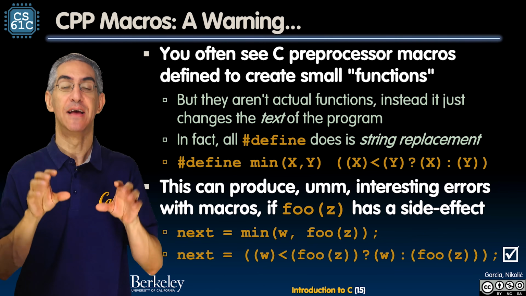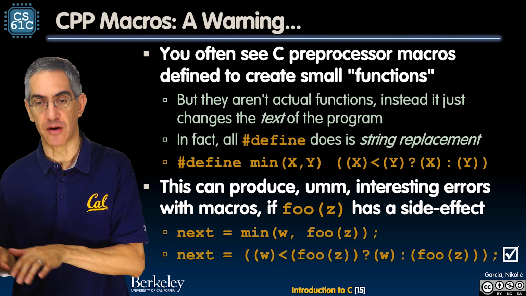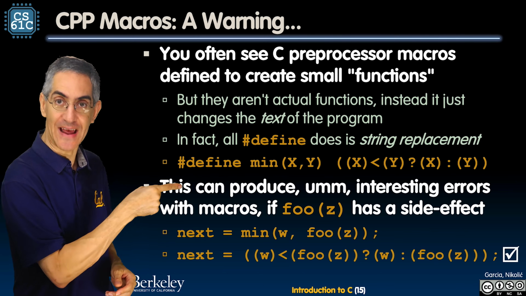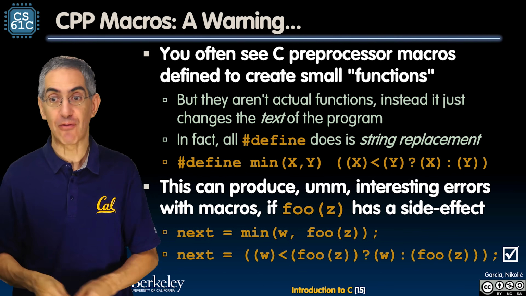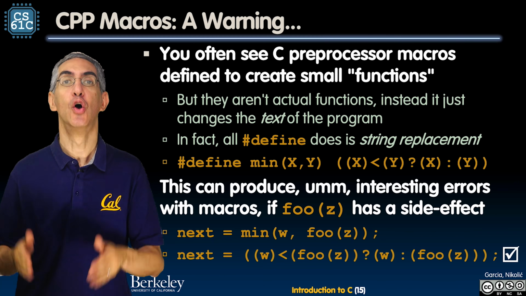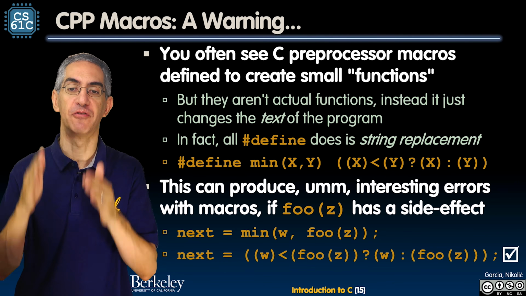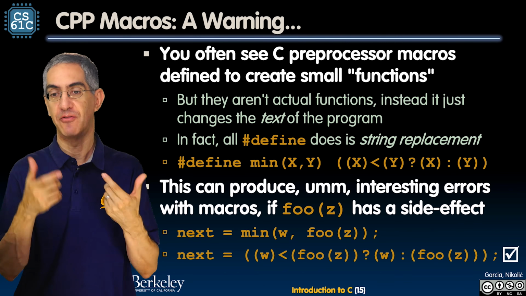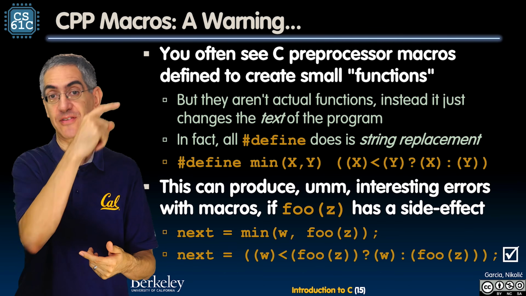Except the idea that it does a substitution. So imagine taking the expression w and replacing it in x, and the expression foo_z replacing it in y. And what do you have now? Two possible calls to foo_z. You understand? So now, is w less than foo_z? You've got to call foo_z, and it prints out hello world.